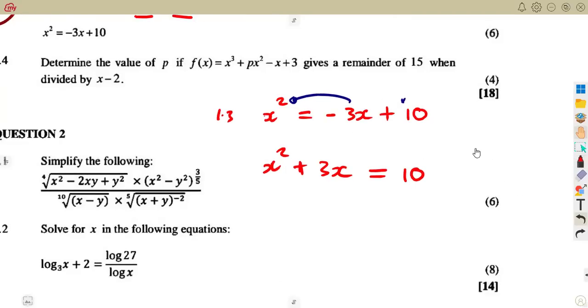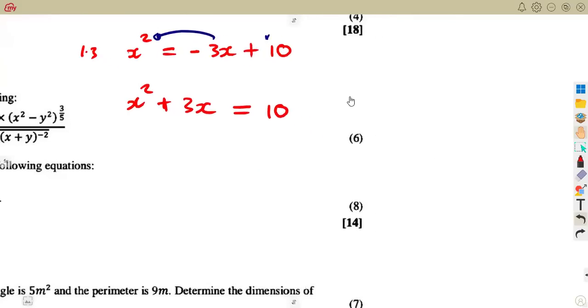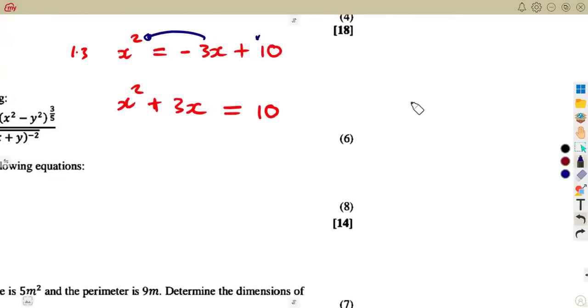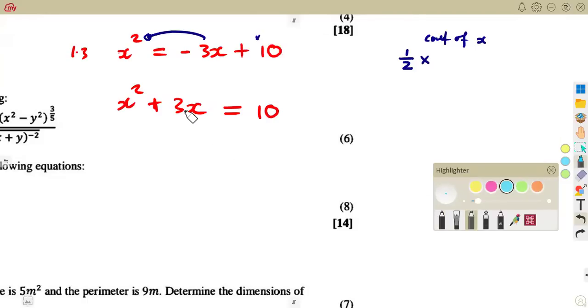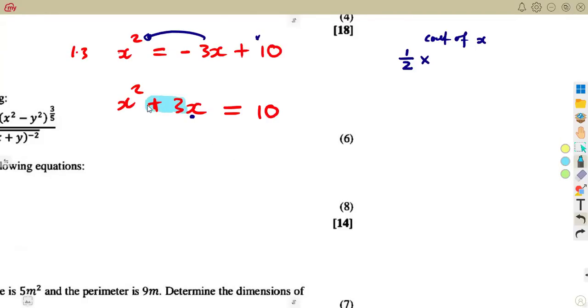So on your completing the square method, remember that you will need half the coefficient of x, but being squared. So the coefficient of x, the number that is affecting x, is 3.